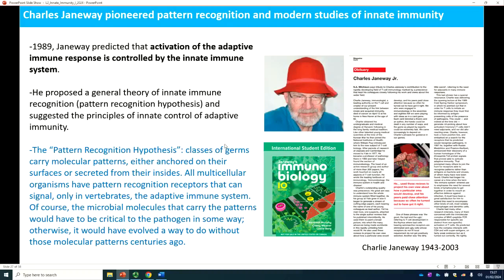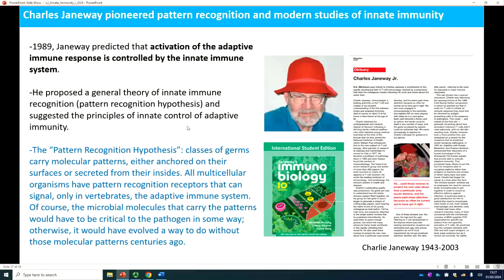Classes of germs will carry molecular patterns, and these are either anchored on the surfaces or secreted from the insides. But all multicellular organisms will have pattern recognition receptors that can signal, only in vertebrates, the adaptive immune system. Of course, the microbial molecules that carry the patterns would have to be critical to the pathogen in some way. Otherwise, it would have evolved a way to do without those molecular patterns a long time ago.